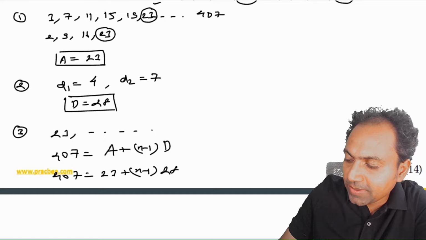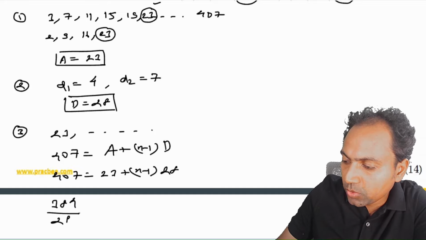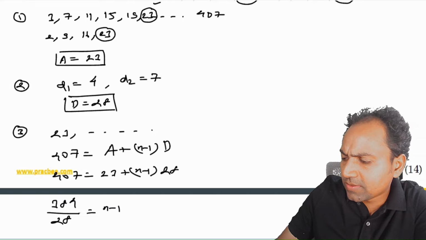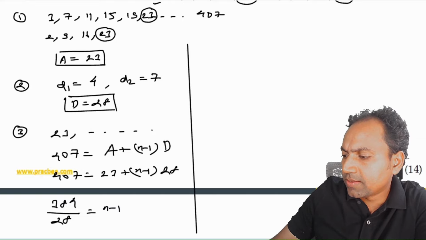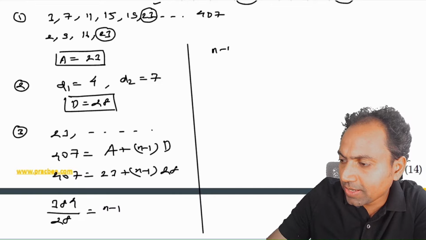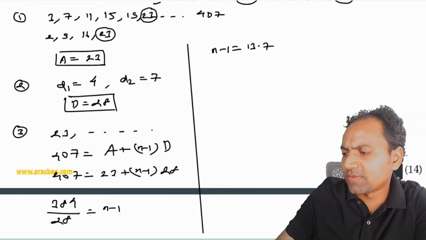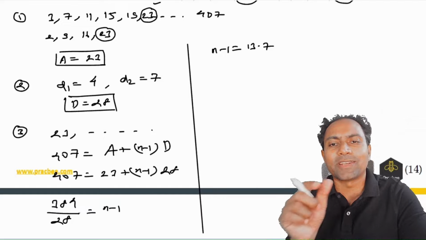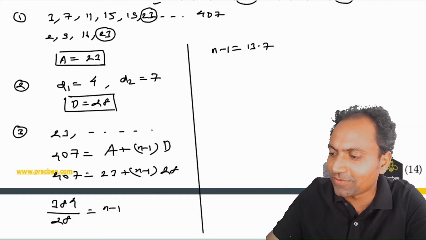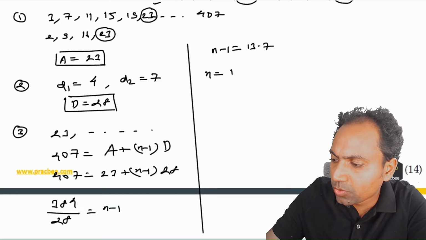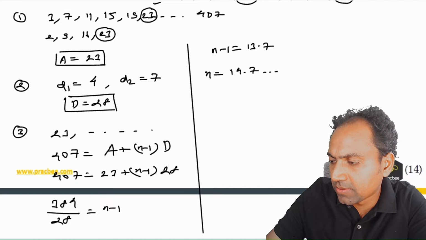This will become 384 divided by 28 will be equal to n minus 1. Roughly, if you do that, it works out to be n minus 1 is equal to 13.7. The 0.7 is not required. If you can just get the integral value, that is more than enough. You can see that the value is coming out to be 14.7 something.